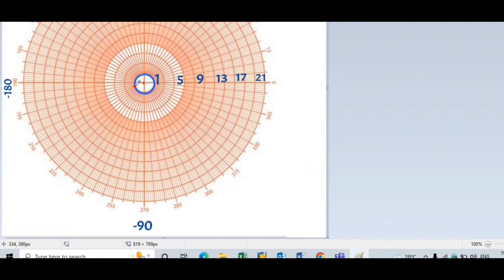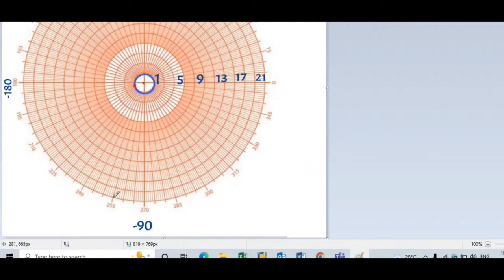Now the next magnitude is 9.07, so we will select the magnitude as 9. If we observe, this whole circle is the one for magnitude 9. On this magnitude 9, what is the phase angle phi? That is 105. So if we observe here, after 90, here is 95, then 100, and here is 105.